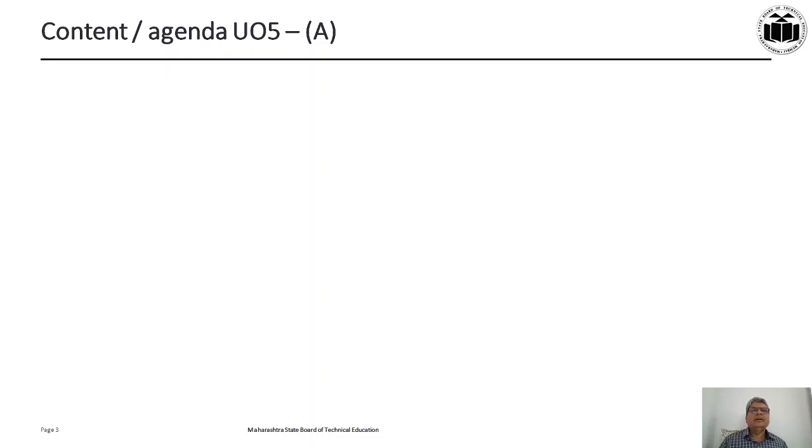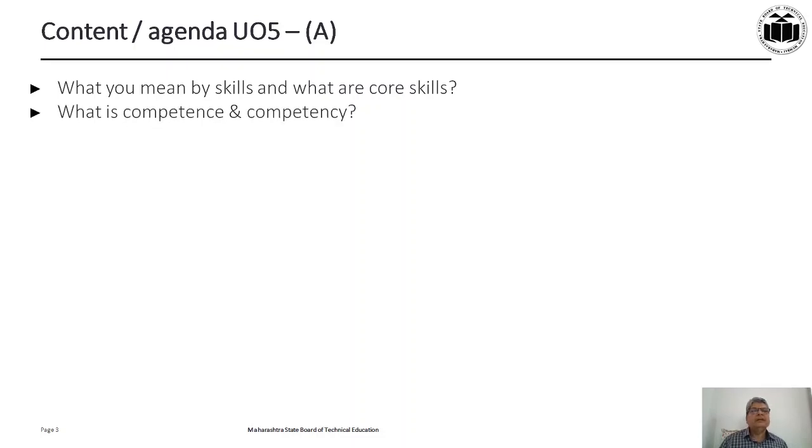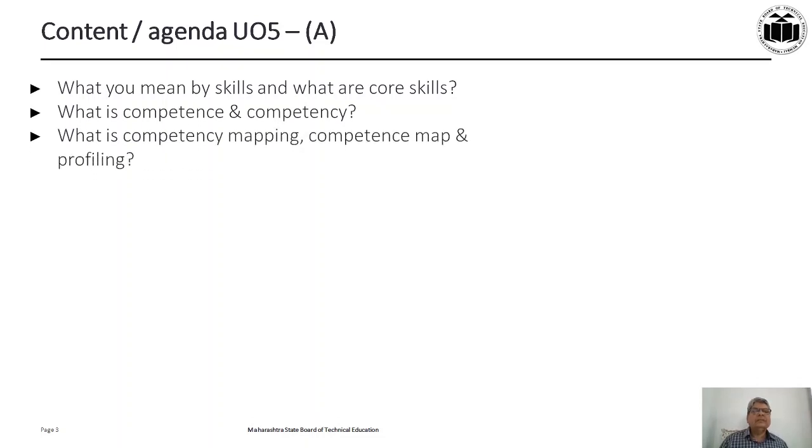The content or agenda of this unit are what you mean by skills, what are core skills, we'll understand competence and competency, and we'll discuss about competency mapping, competency map, and profiling.